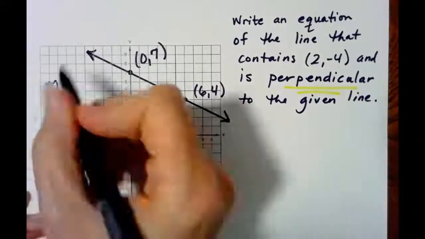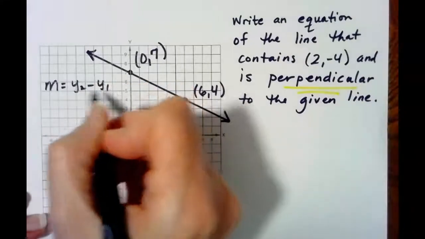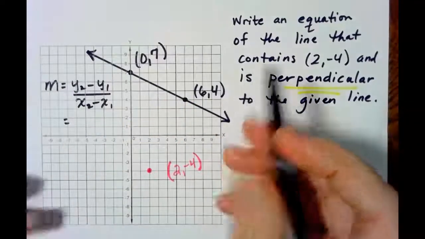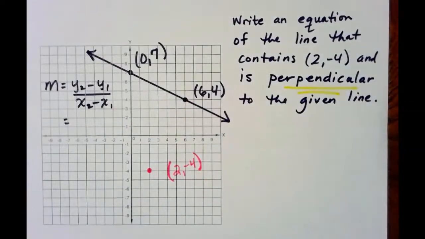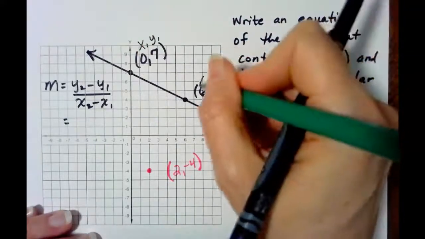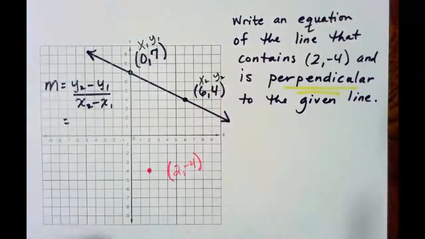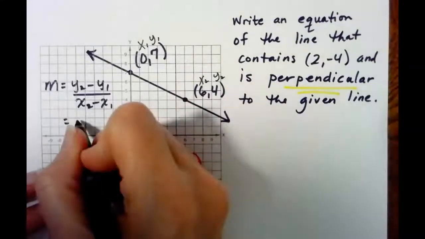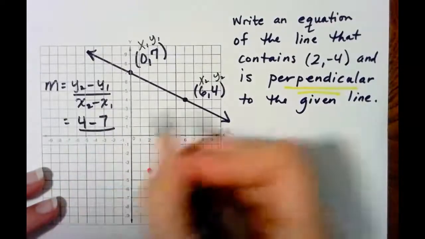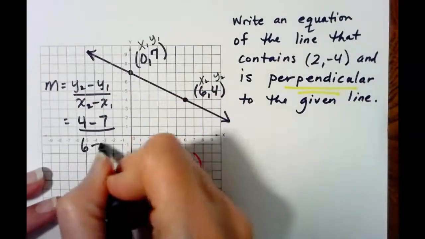The slope formula is y2 minus y1 over x2 minus x1. So let's plug in our values here. If you need to label them, then go for it. This is x1, this is y1, this is x2, and this is y2. So let's plug those values into the slope formula: 4 minus 7 over 6 minus 0.